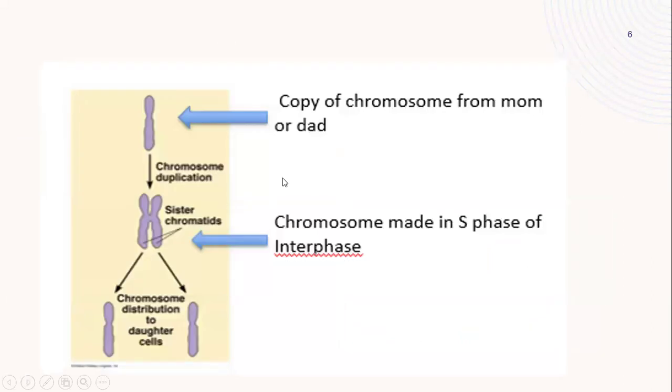Like I mentioned, our chromosomes before cell division would generally occur more like a single strand. Then as they prepare for cell division, because we have replication of DNA, you're going to have another strand, so it will be double-stranded.